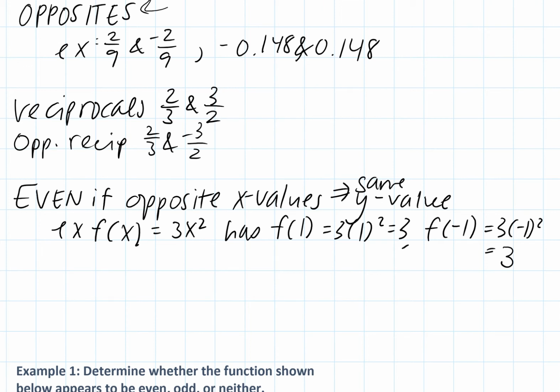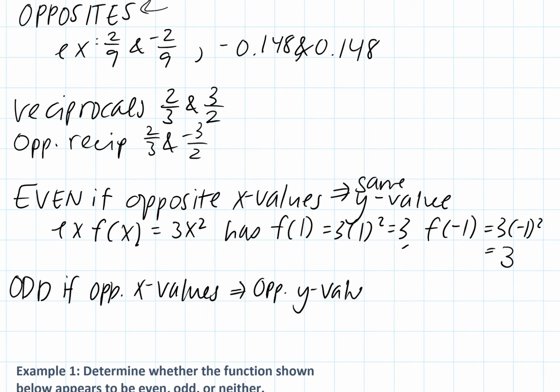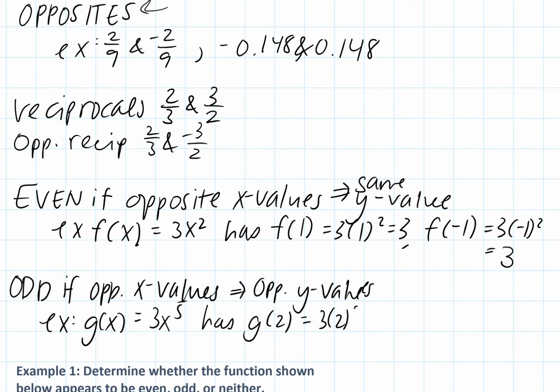And then a function would be odd if opposite x values produce opposite y values. So for example, g of x is 3x to the 5th has the point, if you substitute in 2, you get 3 times 2 to the 5th. 2 to the 5th is 32, so 3 times 32 gives you 96.